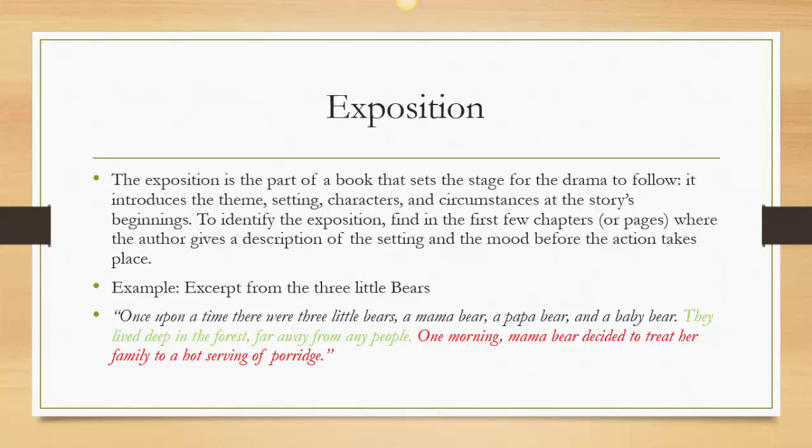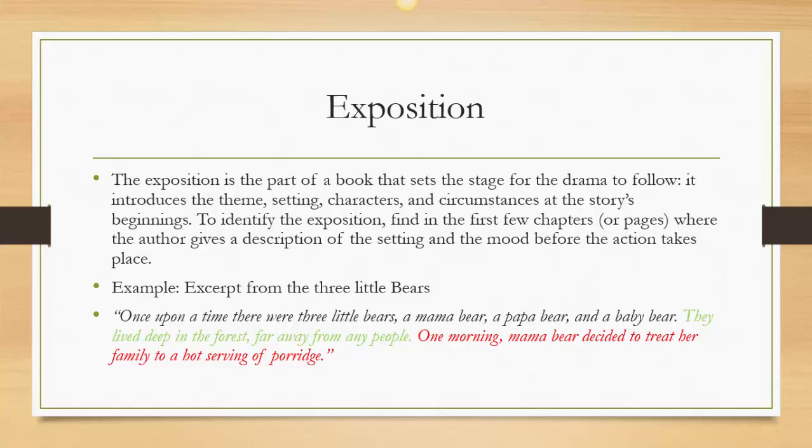And it reads, "Once upon a time, there were 3 little bears, a mama bear, a papa bear, and a baby bear. They lived deep in the forest, far away from any people. One morning, Mama Bear decided to treat her family to a hot serving of porridge."